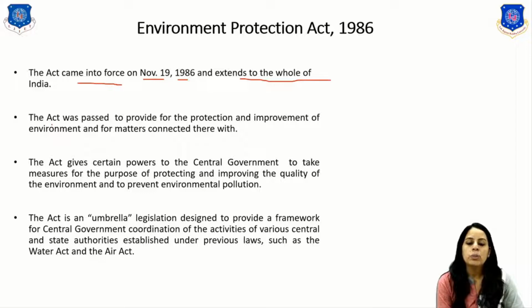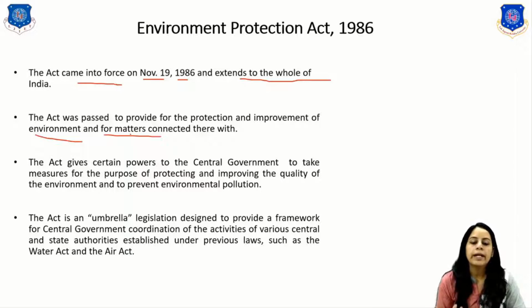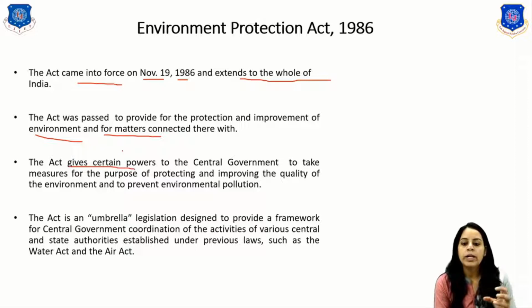The Act was passed to provide for the protection and improvement of the environment and for matters connected with that. The Act gives certain powers to the central government to take measures for the purpose of protecting and improving the quality of the environment and to prevent environmental pollution.